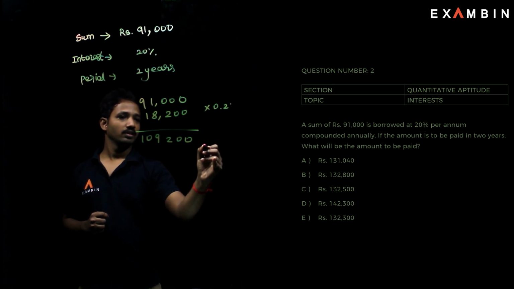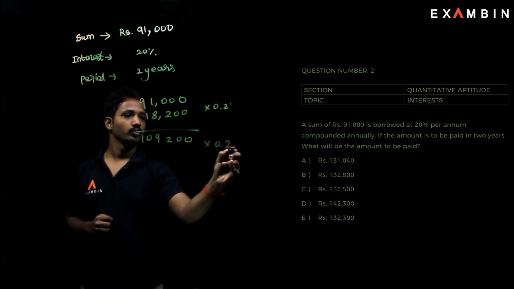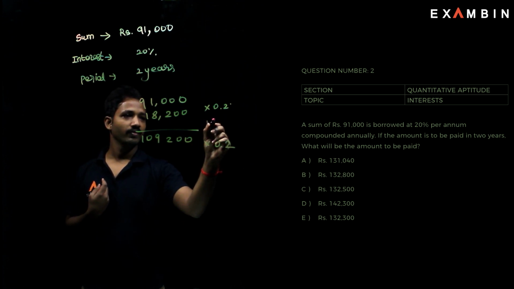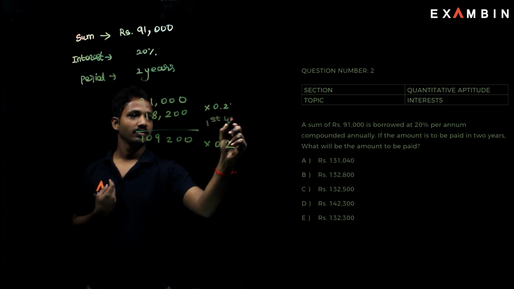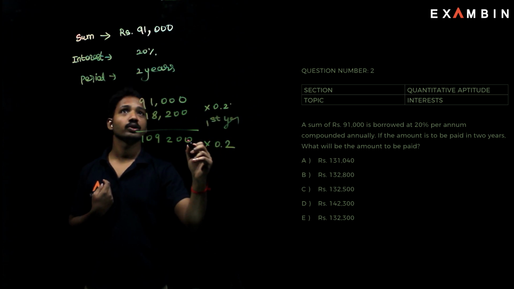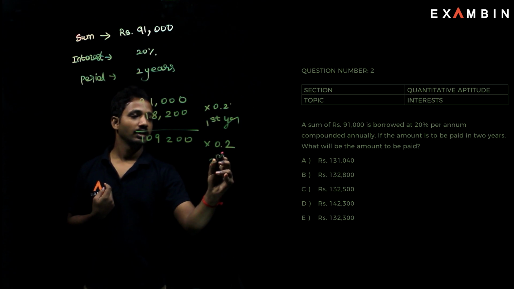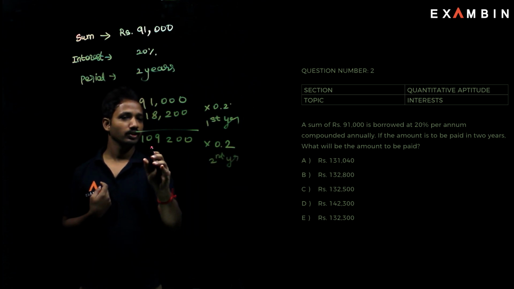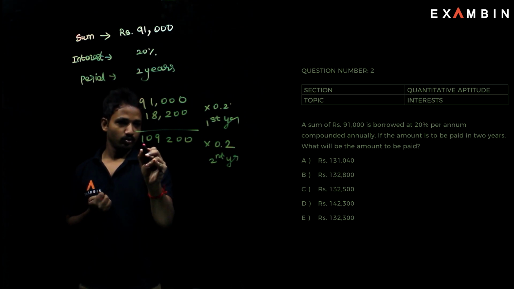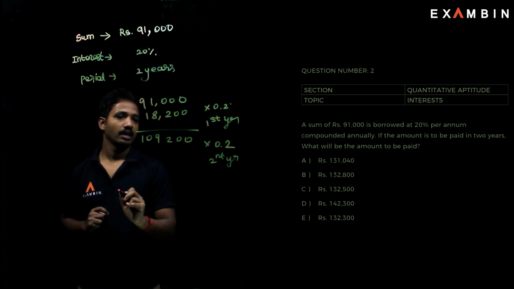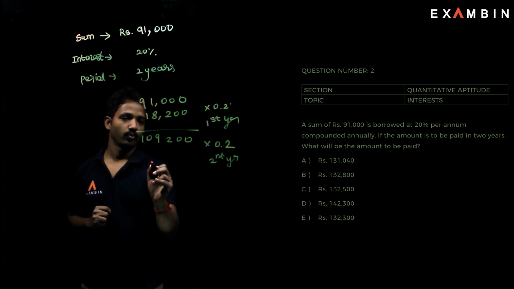So again I am multiplying it by 0.2 because this is at the end of the first year and we are going to calculate the total sum after 2 years, the end of the second year. Again you need to multiply it with 0.2. So 1092 into 2, 2184.